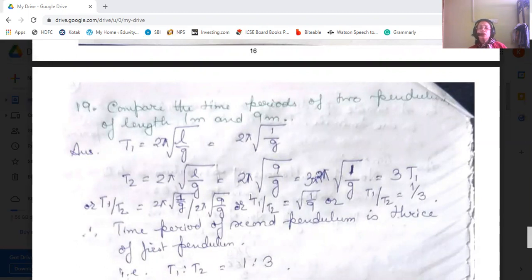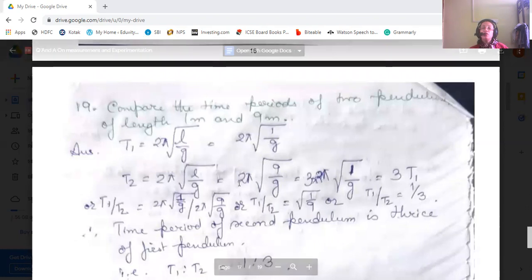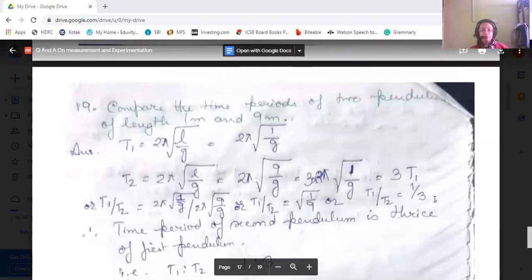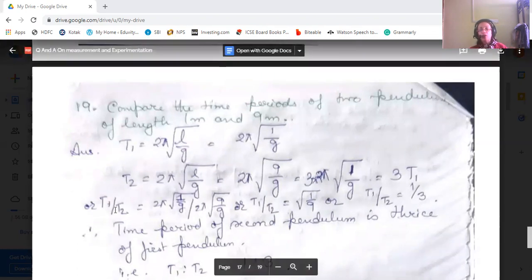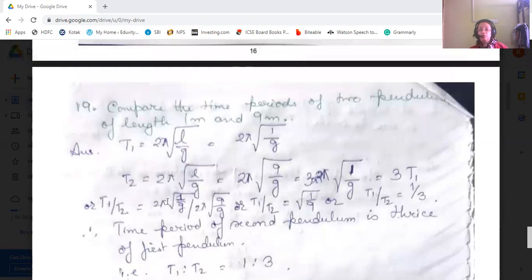If we take the ratio T1 by T2, 2 pi is the same, so we can cancel it, g we can cancel, so what remains is root over 1 by root over 9.